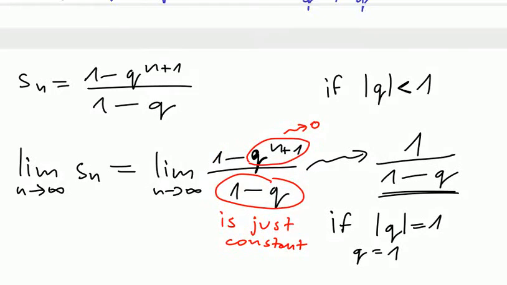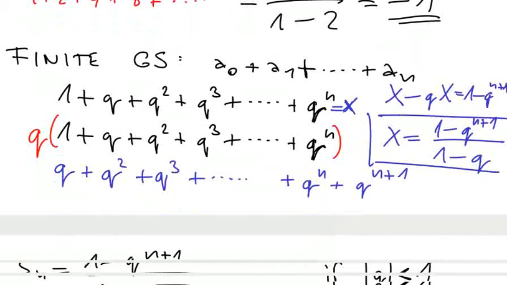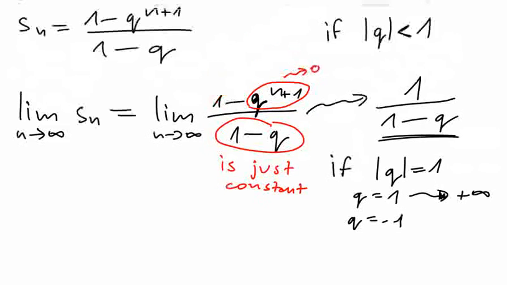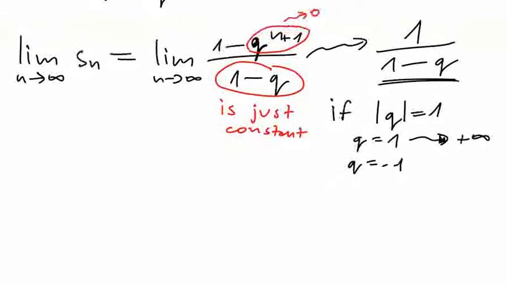So our previous derivation was actually incorrect. We would obtain a different derivation. Anyway, it would tend to plus infinity, and if q is minus 1, then we have plus and minus 1 in alternating order, 1 minus 1 plus 1 minus 1 and so on. And we already discussed that the sum does not exist.